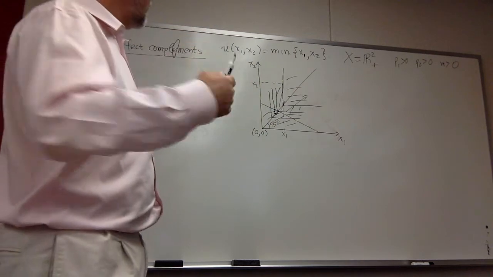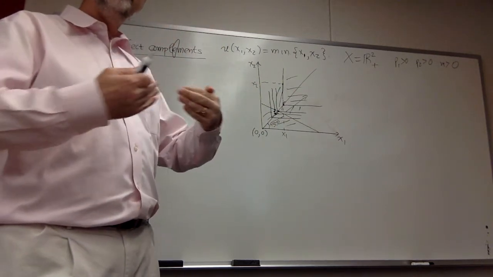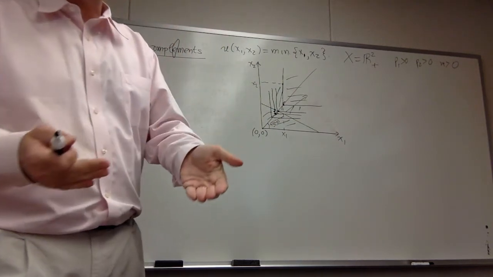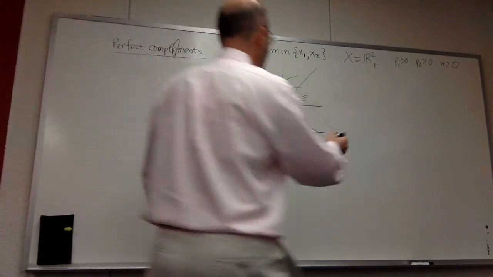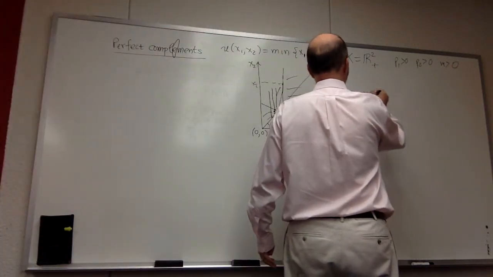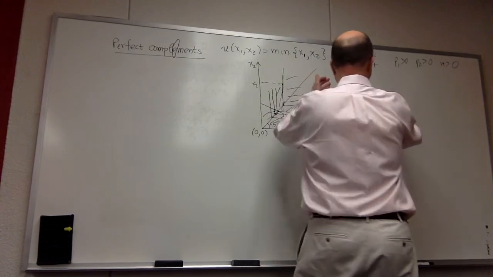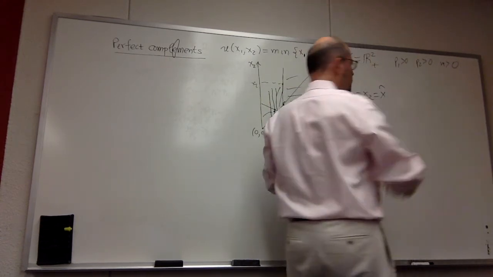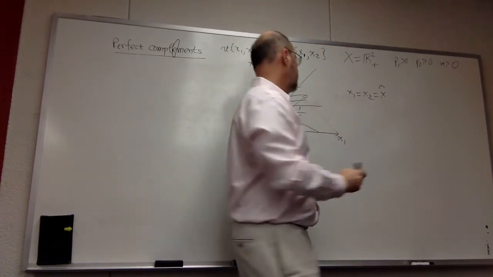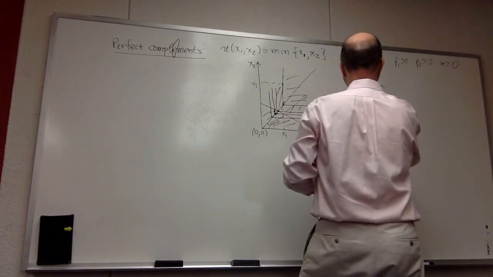Just set x1 and x2 equal in the budget set, because you need to respect your budget, right? So you say, okay, x1 will be equal to x2. Let's call it whatever, x hat. You put it in the budget constraint.